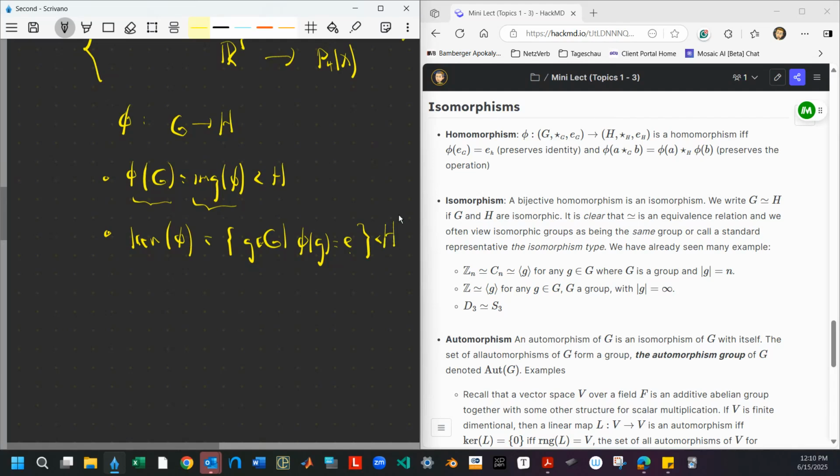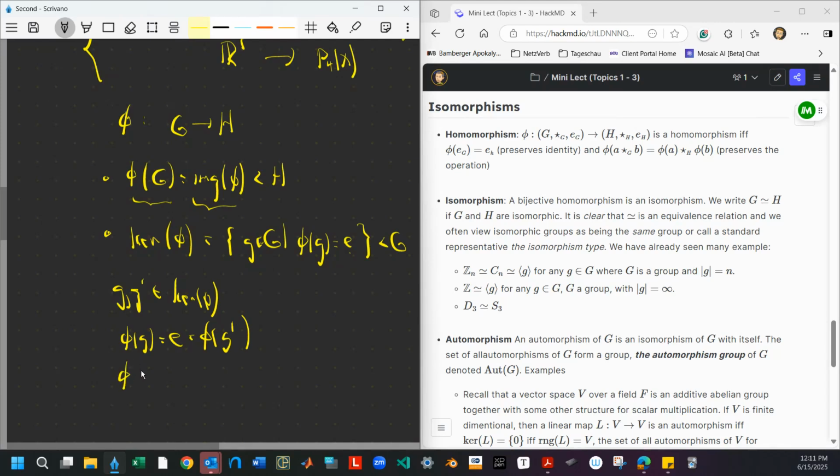Oh, sorry, no, not at all. This is a subset of things in G. This is a subgroup of G. So let's just see why that's true. Suppose I have g and g prime which are in the kernel. Well, then I know that phi of g equals e, this is e in H, equals phi of g prime.